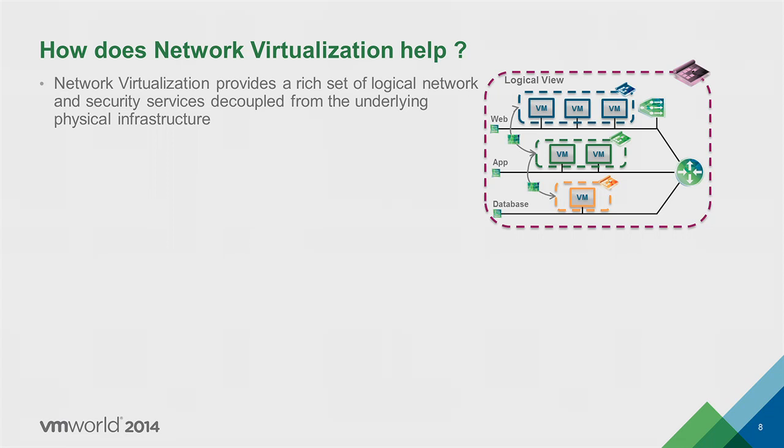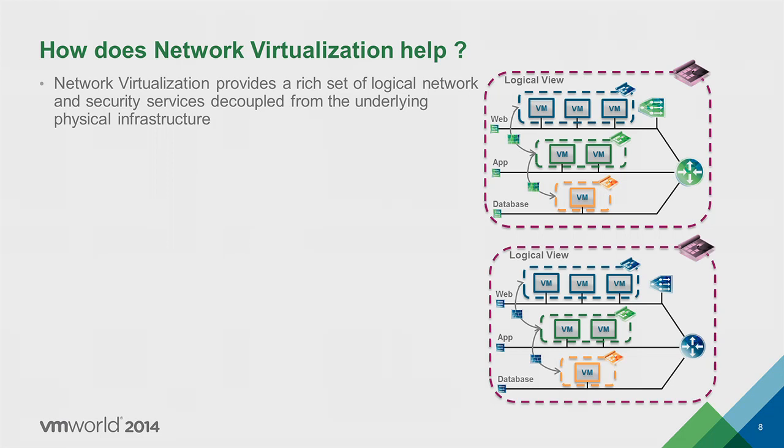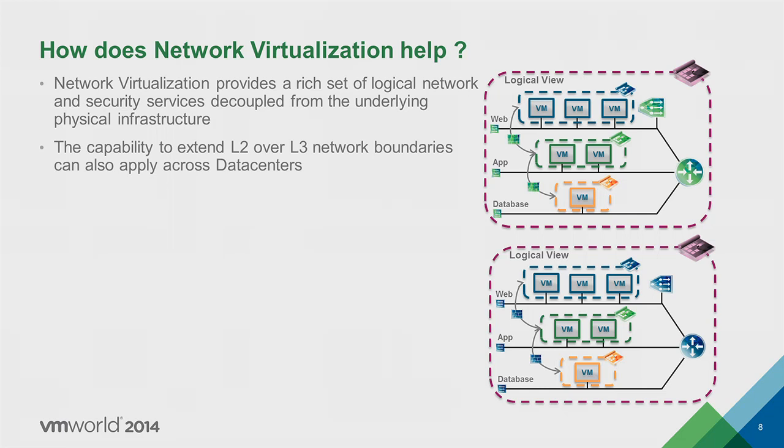Some of the services include layer 2, layer 3, NAT, firewall, load balancing, VPN, quality of service, really all of the services that you expect from a network are faithfully reproduced in a logical space, as you can see. And this can be deployed on demand as required also. This capability to extend layer 2 over layer 3 network boundaries can also apply across data centers.